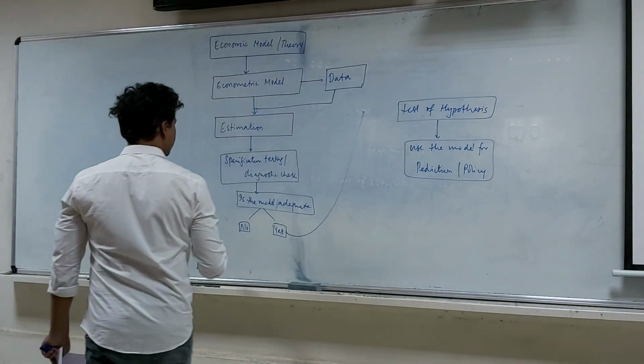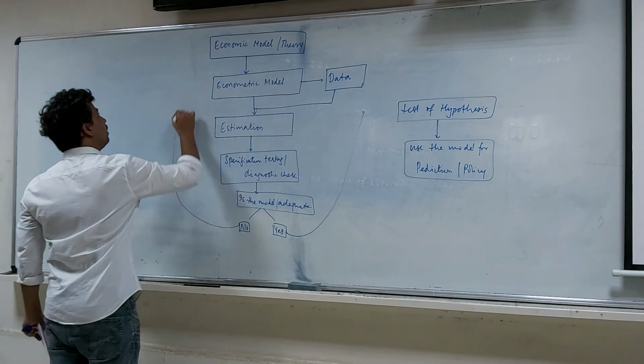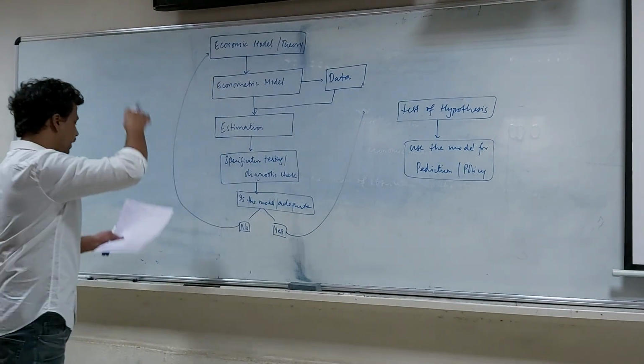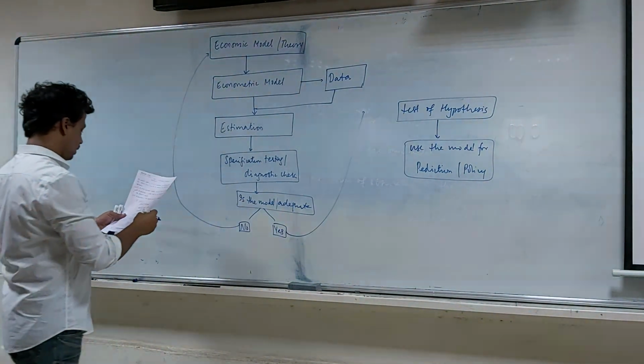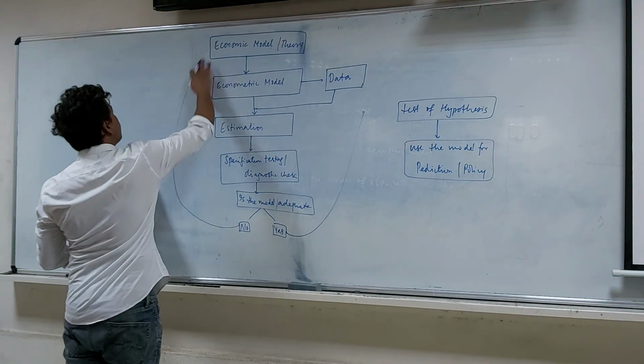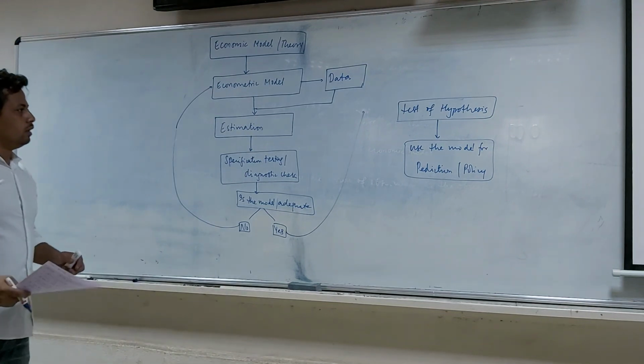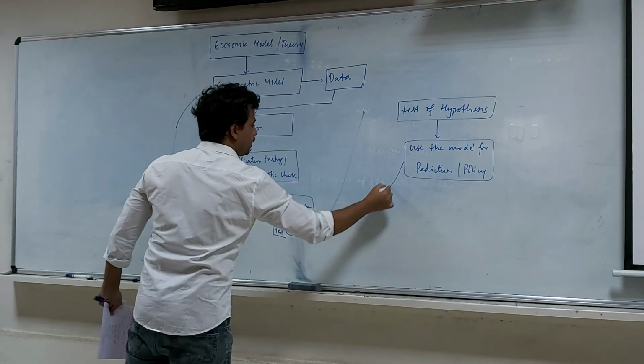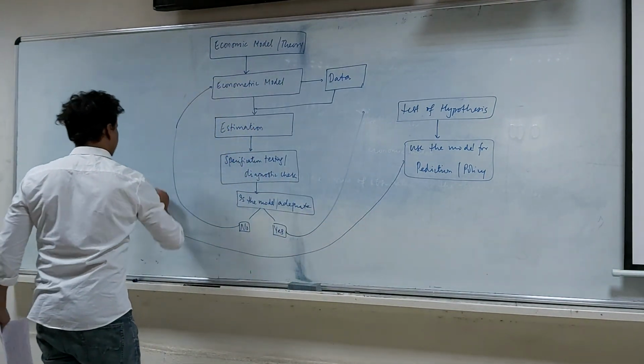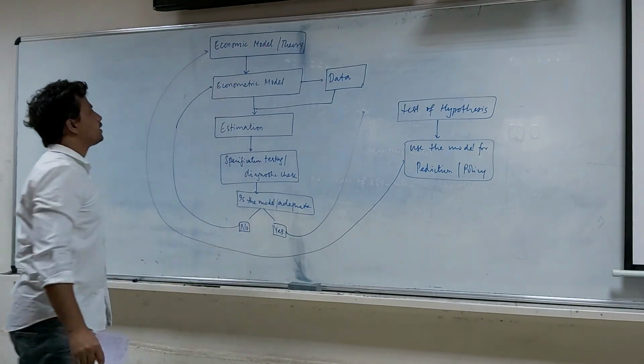And if your model is not adequate, you again go back and define things forward. Sorry, the econometric model, not the economic theory. And whatever the validation of this model is, you again refine your theory.